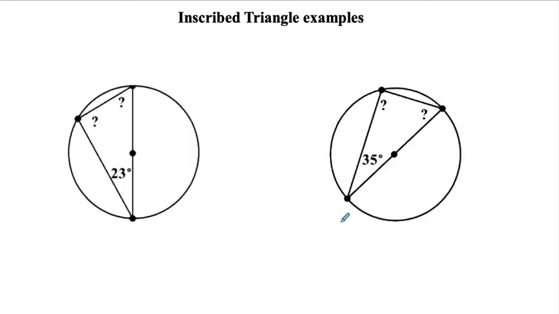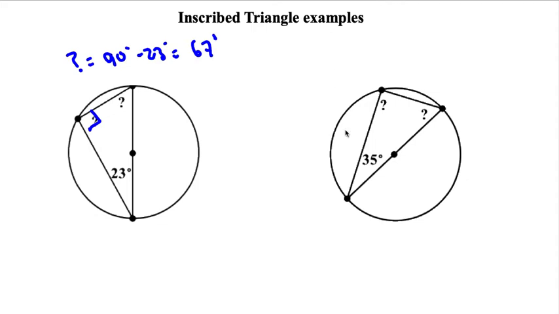So, examples. Inscribed triangles. If we look, we can see because of this center point that this is a diameter, which means that this angle right here is a right angle. And if we wanted to figure out this other angle, then it is going to be equal to 90 degrees minus the 23, which is 67 degrees.